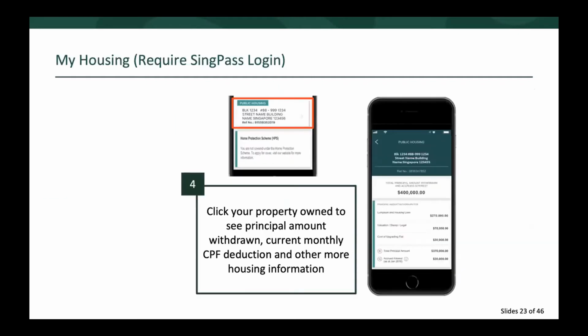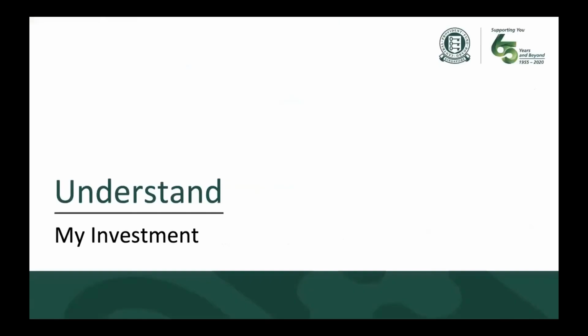If you want to zoom in further on the amount used, for example out of the 350,000 or 400,000 in this case, what's the breakdown in terms of utilization, you can click on that property, and it will show you the principal amount together with the interest. If you look at the screenshot of the mobile phone, you can see that the lump sum and housing loan is about 270K, your stamp duty is 70K, etc. So it breaks down into final details for you to see.